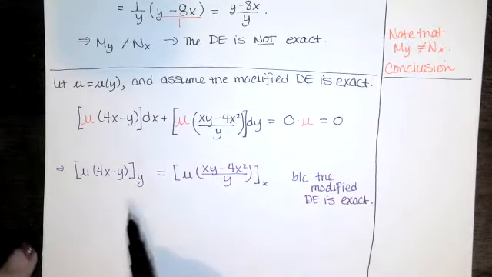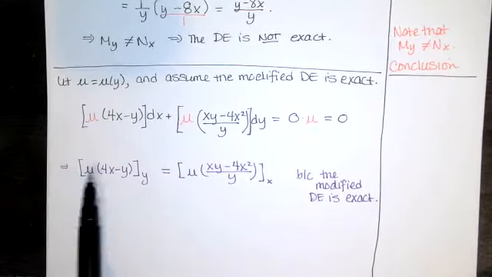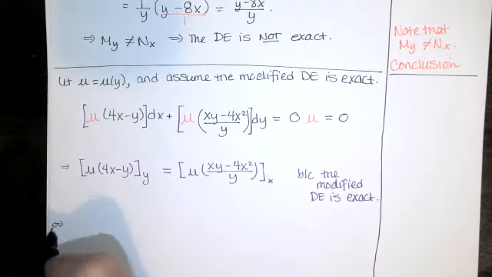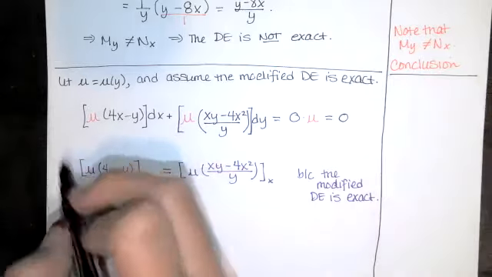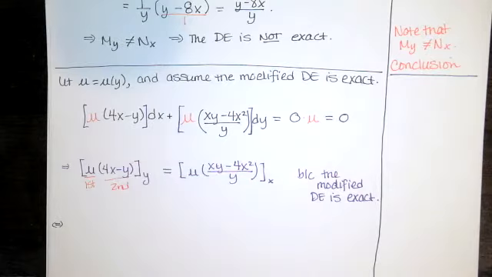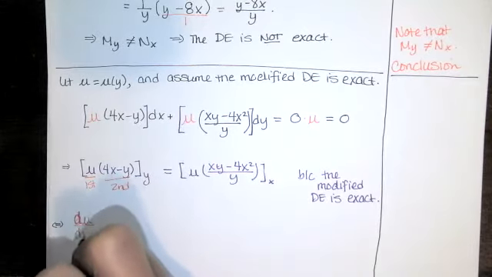Now remember, mu is a function of y only. So when I take the derivative of this, I'll use the product rule. This is my first function, and this is my second function. So what we'll have is the derivative of the first with respect to y. Oops, and that's an ordinary derivative because mu depends on y alone.